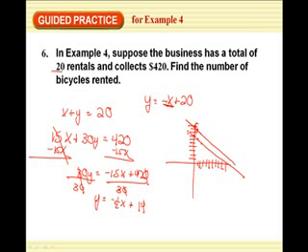It's not showing up very well here. Mine has 8. It's supposed to be at 8, 12. 2, 4, 6, 8, 10, 12. How come it's not crossing? X plus Y equals 20. That's right. 15x, suppose it collects 420, 30y.